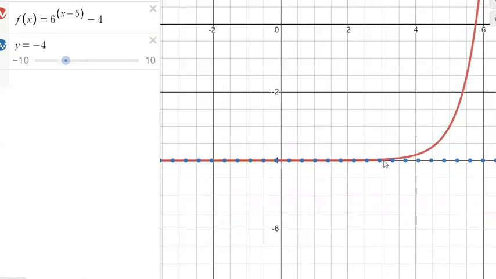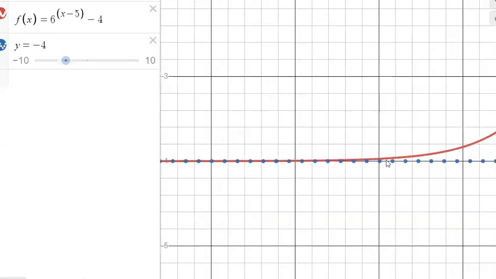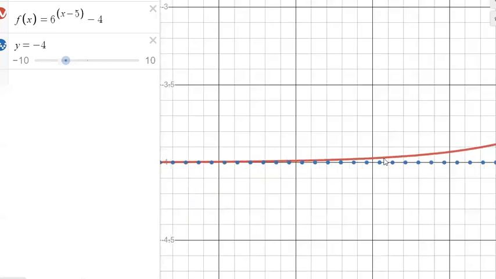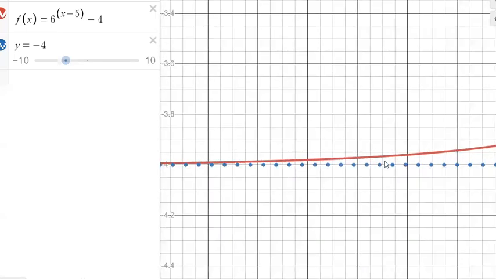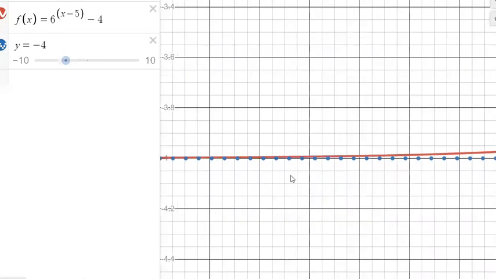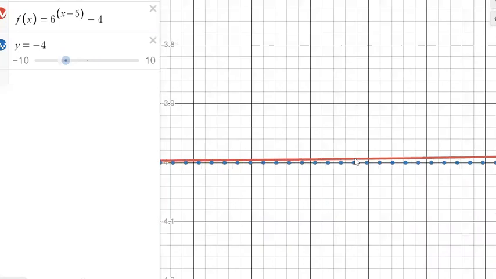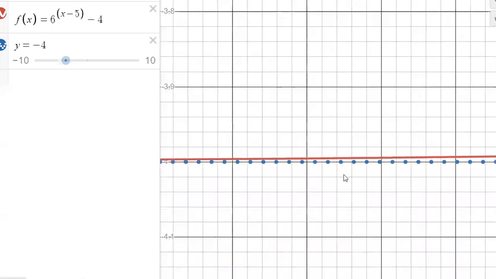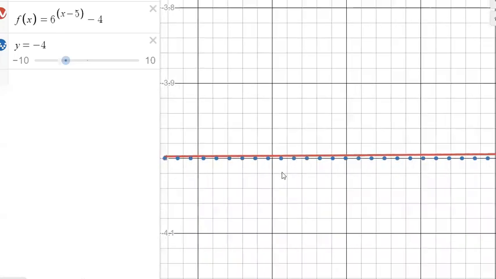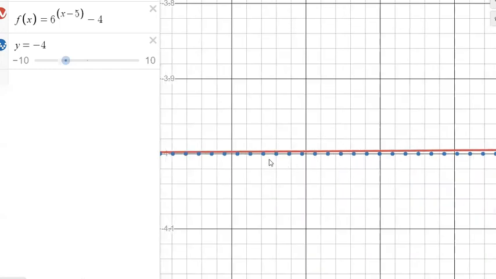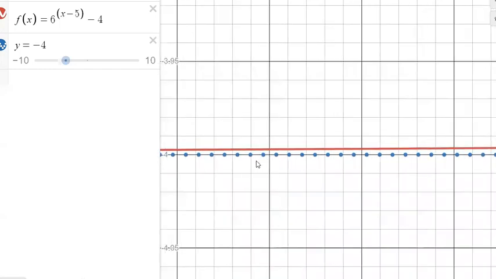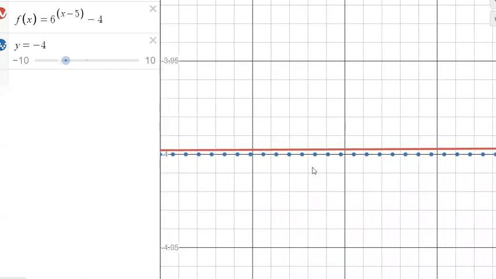So now what you'll notice is this graph actually never crosses this blue dotted line. So I could zoom in as far as I want to. This graph is never going to cross this dotted line. And if it looks like it does, it may be your eyes playing tricks on you. So you might want to zoom in and actually see what it's doing.